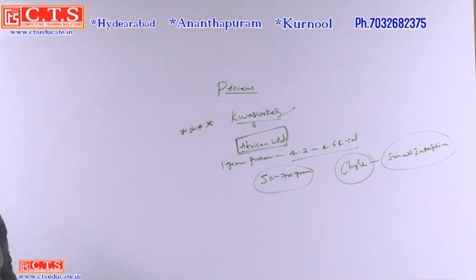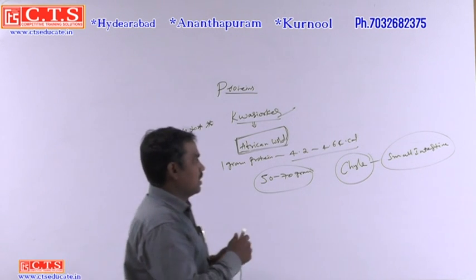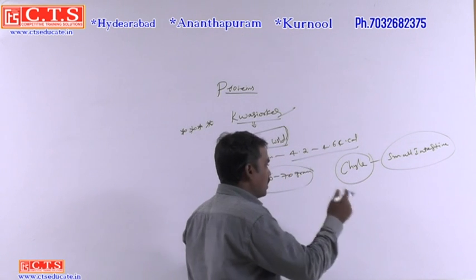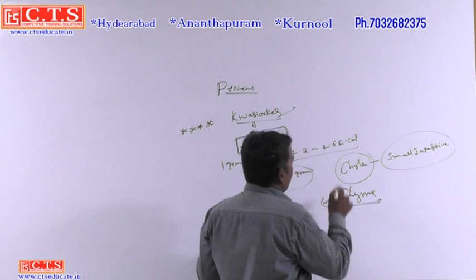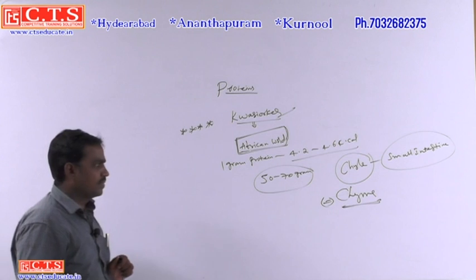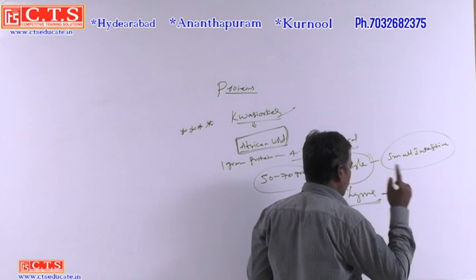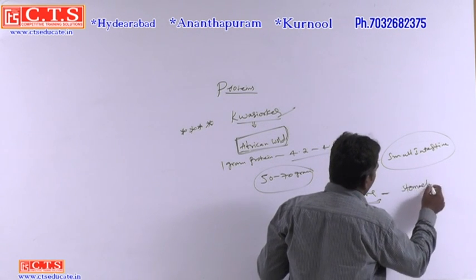Partially digested food is called chyme. It is located in the stomach.